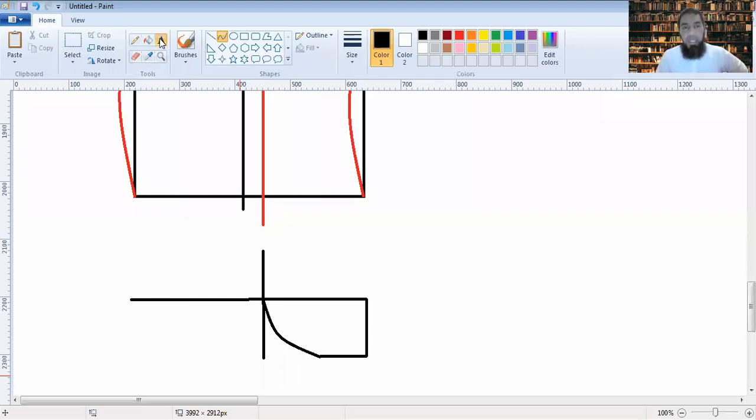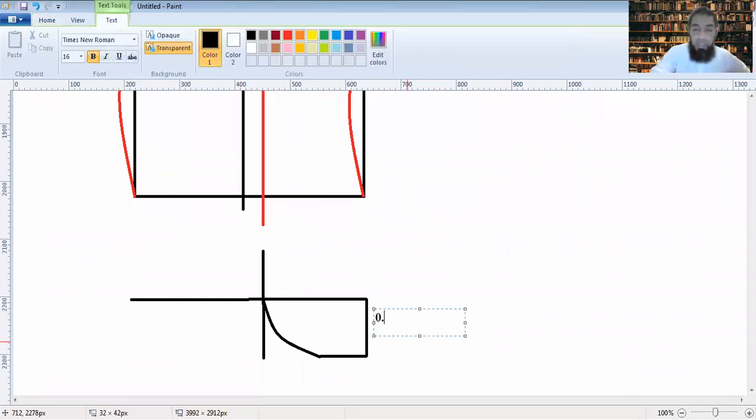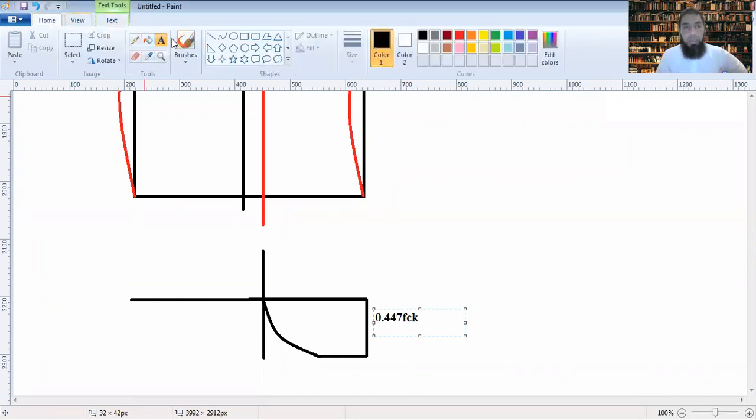Now, again, like in a beam, this would be 0.447 FCK, and the other portions, like in a beam, you would have the center of the compression.